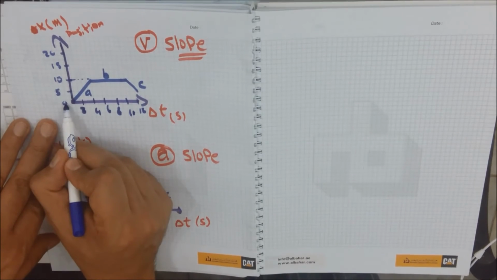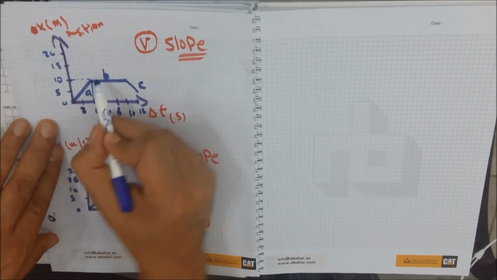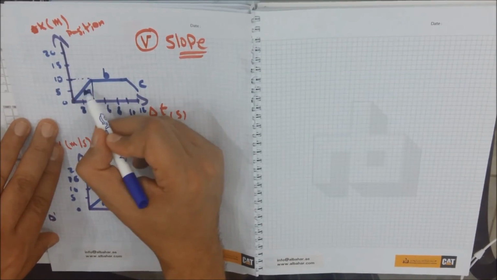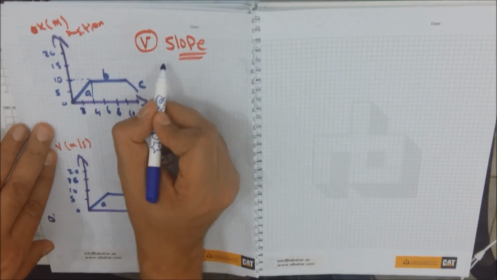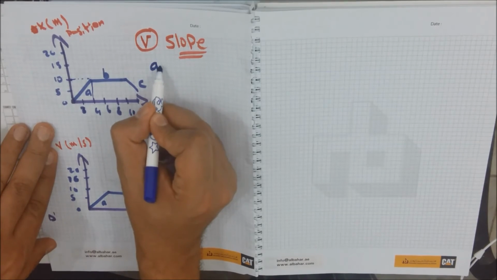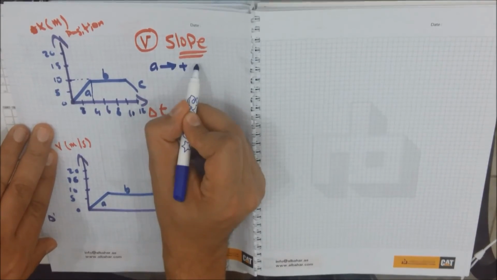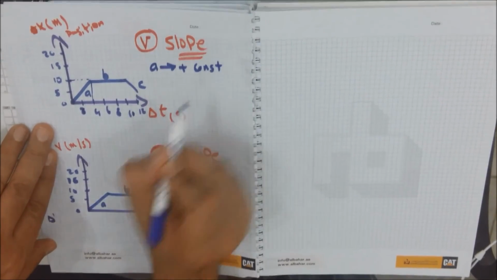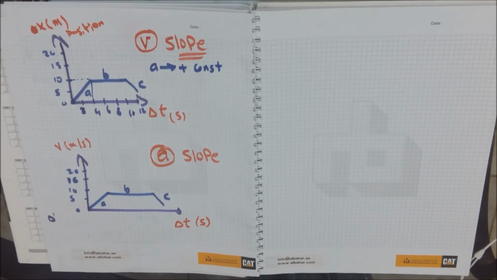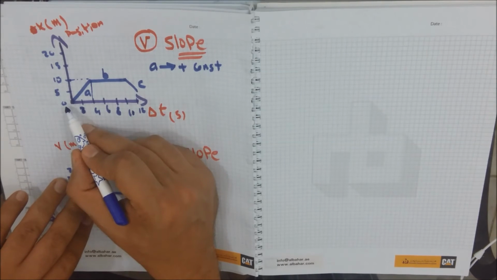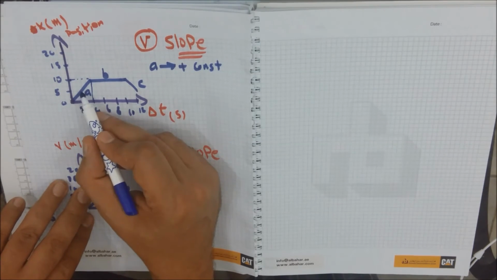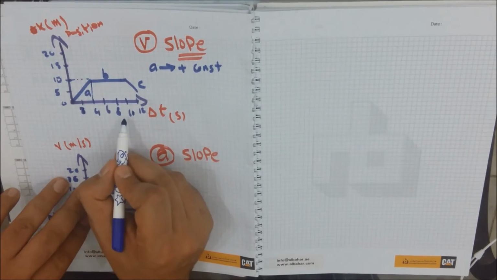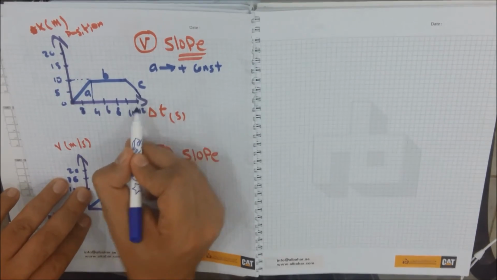So from 0 seconds to 4 seconds, which is this line A, the car speed was exactly A. It was positive constant velocity. Because any straight line going up, it's positive because it's going up, and constant because it's a straight line. The same case for C.